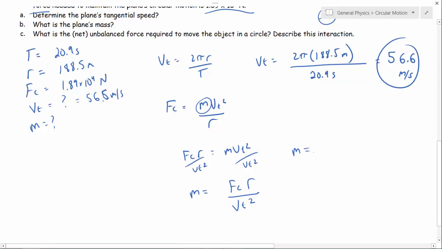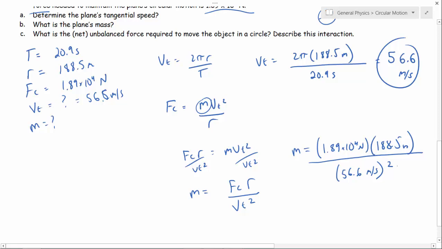And so I can now solve for my mass. I'm going to plug in the centripetal force, 1.89 times 10 to the 4th newtons. And then I'm going to plug in the radius, 188.5 meters, and we're going to divide that by the velocity squared, 56.6 meters per second, and we are going to square the value.